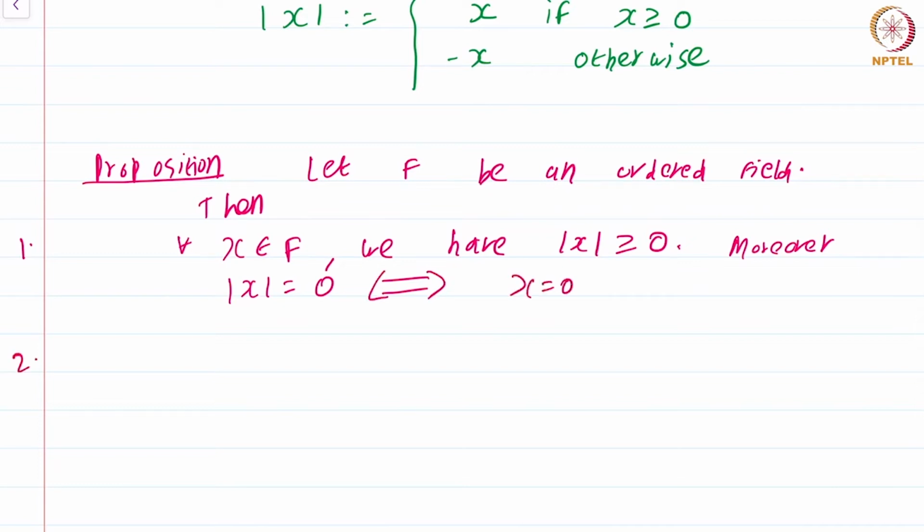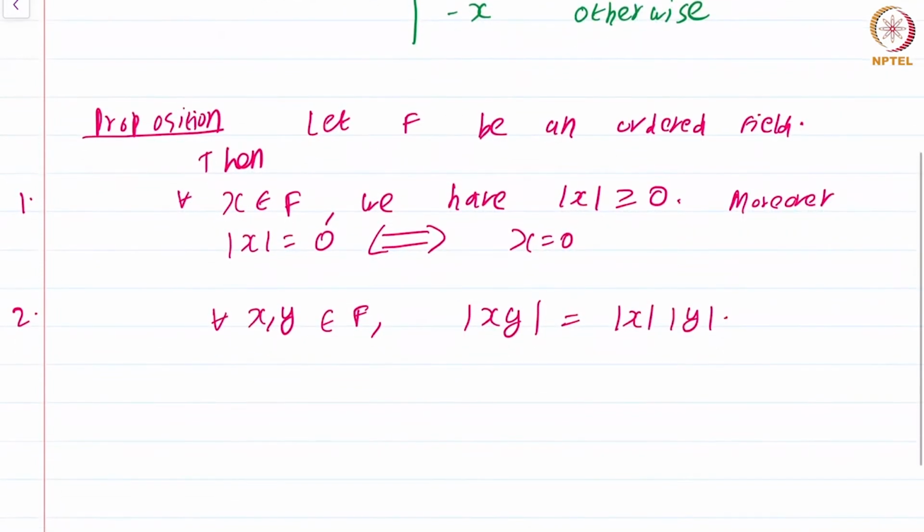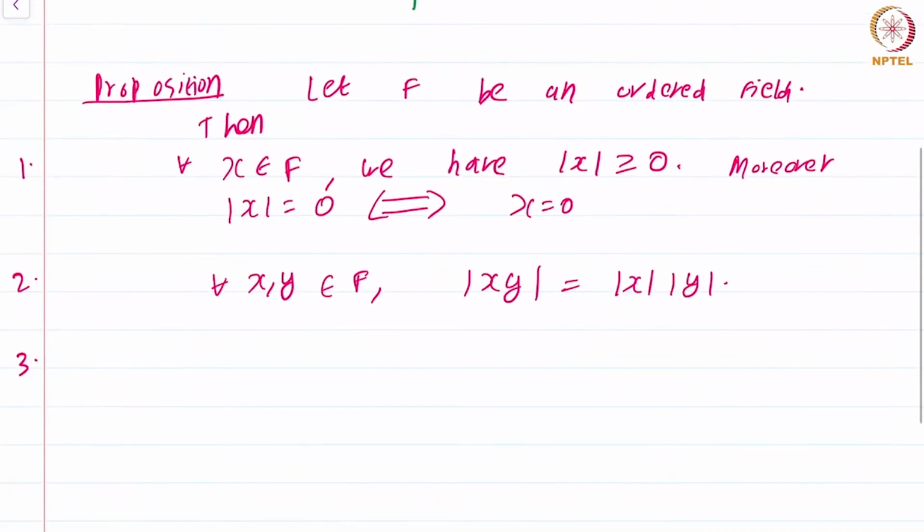Number 2, for all x, y in F, modulus of xy is equal to mod x multiplied by mod y. Number 3, this is the most important, subadditivity or triangle inequality.